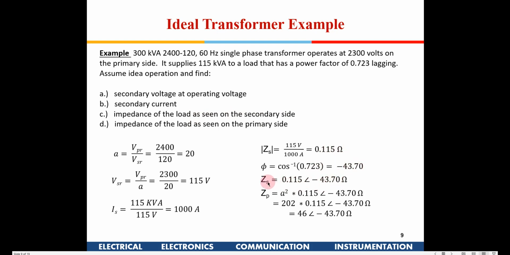Now to find out the impedance as seen from the primary side, we need to multiply it with A squared, right?